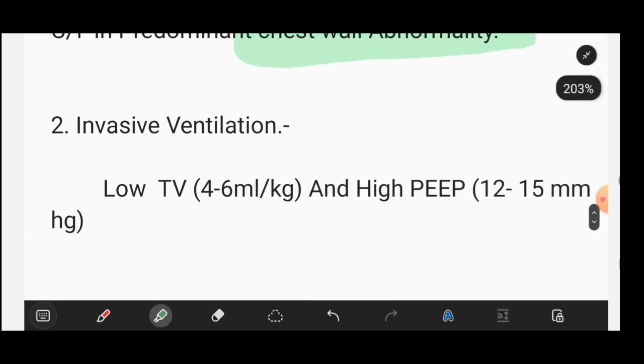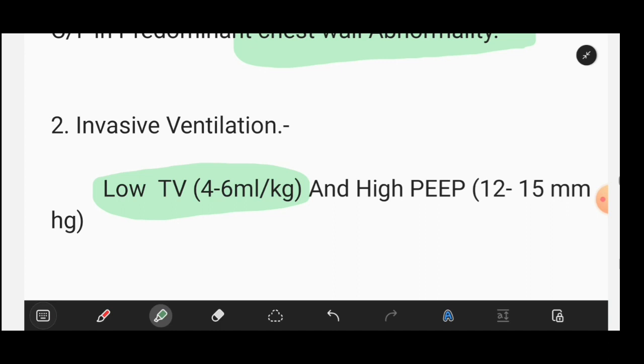The second option we have is invasive ventilation, meaning we intubate the patient and put them on a mechanical ventilator. So what are the different settings we have to make on the mechanical ventilator for this patient? Tidal volume should be low. This TV is the tidal volume, and we will keep 4 to 6 ml per kg.